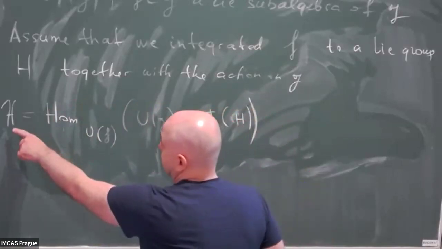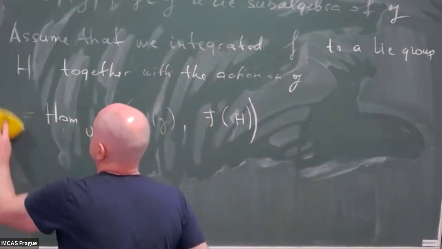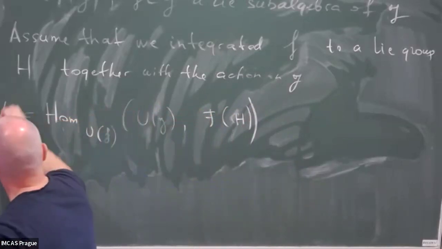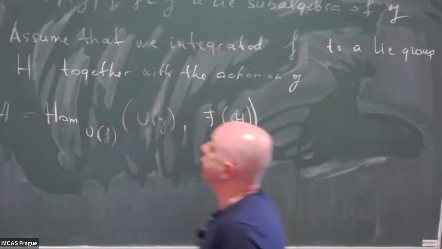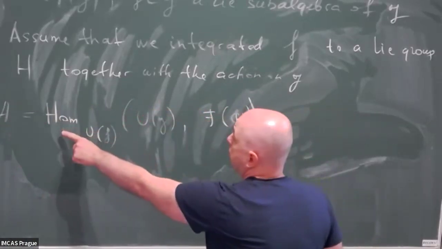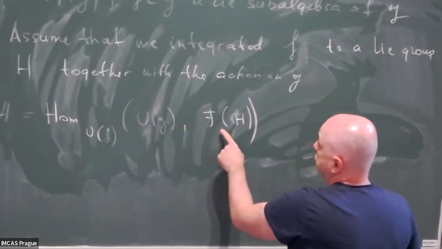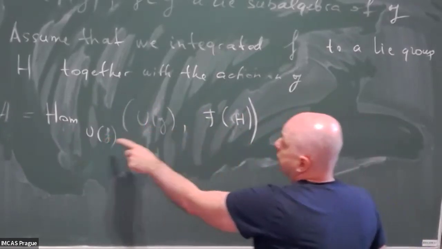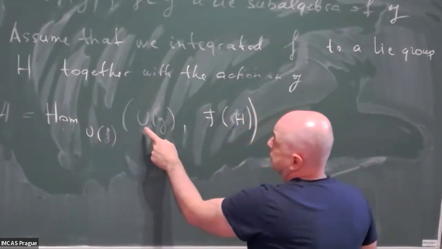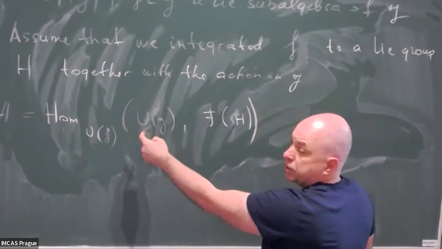Maybe do not confuse this with the Gothic h, so I will use, for instance, A. So A is the space of homomorphisms over U(h) from U(g) to the functions on H, where U(h), the universal enveloping algebra, is acting on U(g) just by left multiplication.